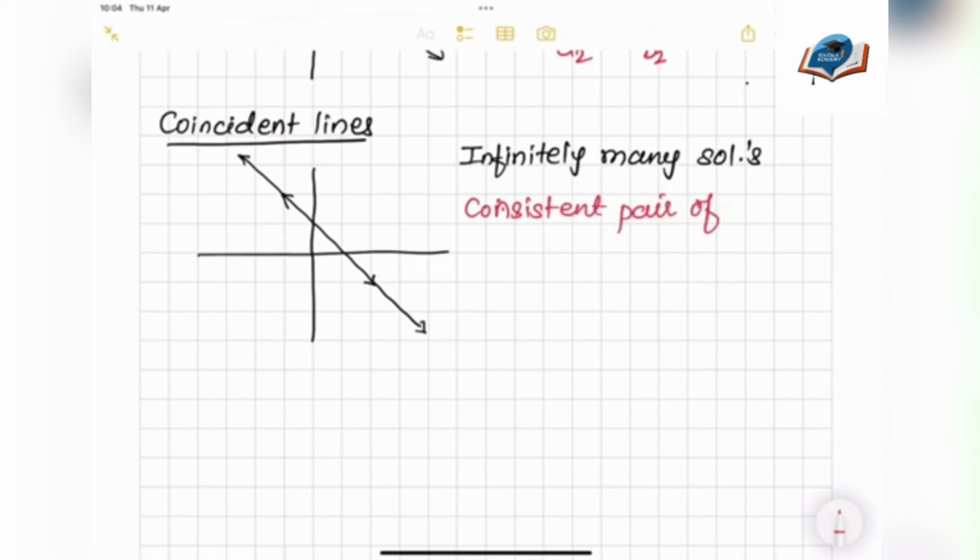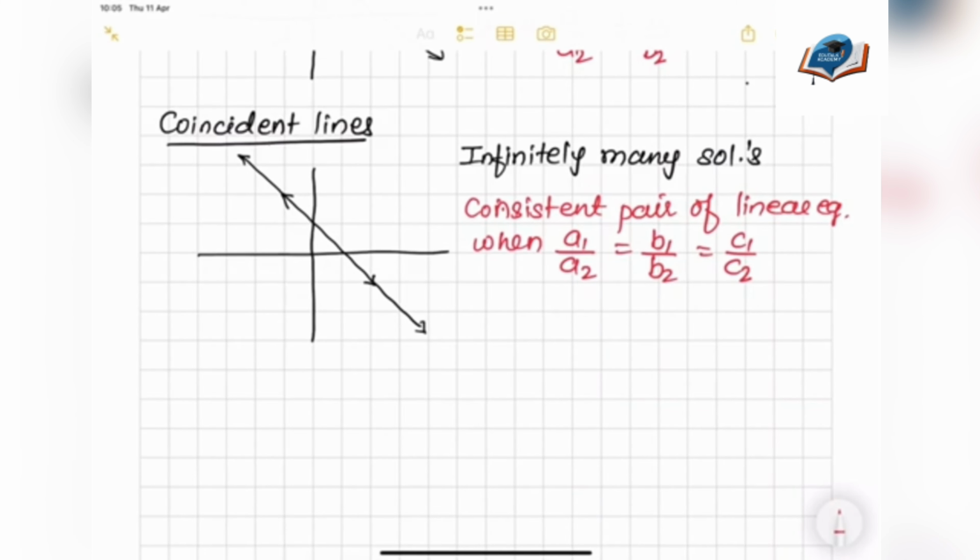Now they are coincident, a consistent pair of linear equations, when a1/a2 = b1/b2 = c1/c2.